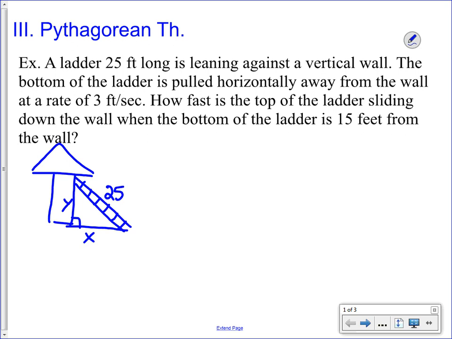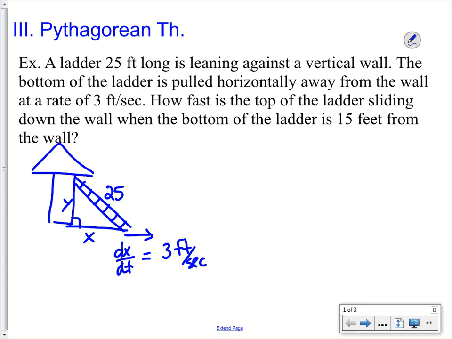Okay, so it says the bottom of the ladder is pulled horizontally away from the wall at a rate of 3 feet per second. So that would actually be dx/dt. And that distance would be increasing, so we're going to keep that positive 3 feet per second.